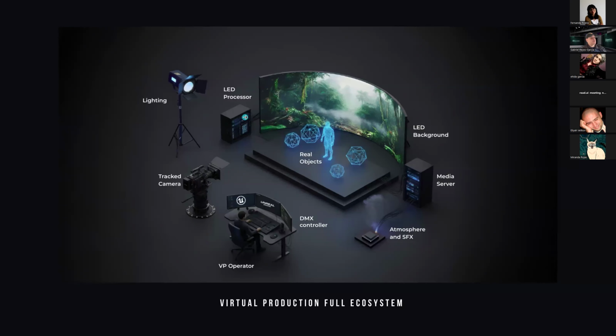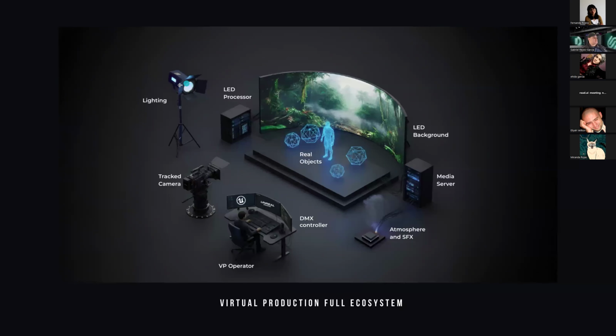The LED processor is another computer that handles all the technical specs of the display itself, of the LED points themselves, like the calibration of the color, for instance, or the distribution of the image. So this is the one that processes that, and you should calibrate with the LED processor. You should calibrate all the technical optical specs of your LED background to make it match with your camera sensor.